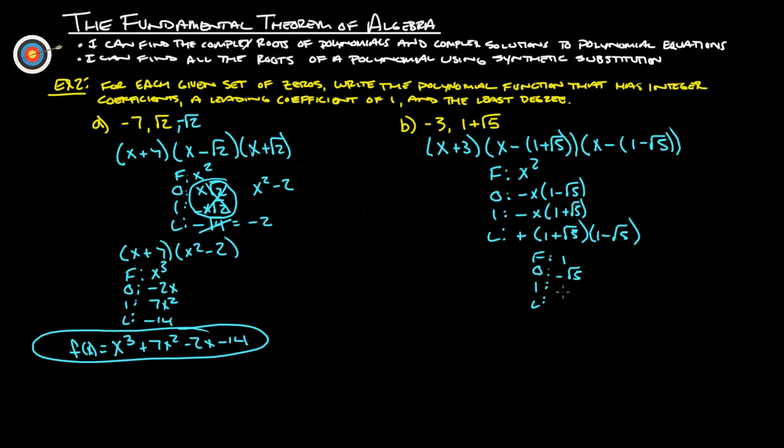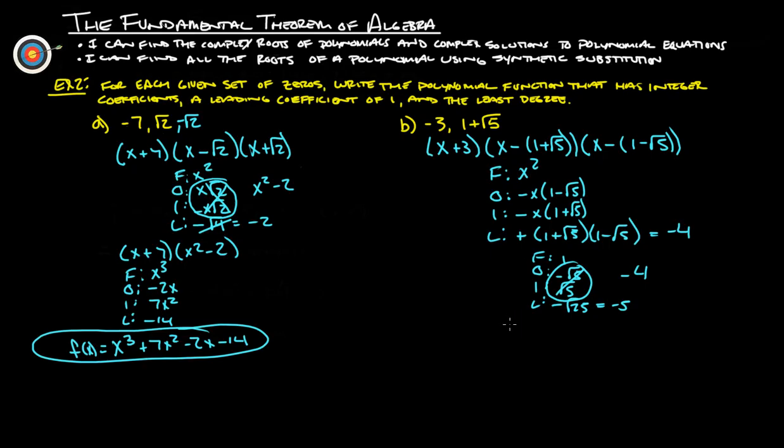Root 5 times 1 is root 5. And then positive times a negative is a negative. Root 5 times root 5 is root 25, which simply is 5, so negative 5. Those two cancel each other out, and we've got 1 minus 5, so that is negative 4 for this last piece over here, right?